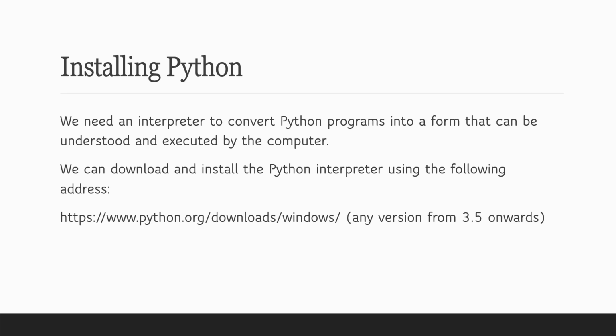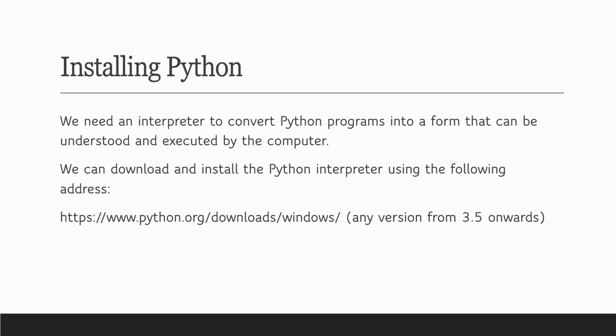All we have to do is visit the official Python website, that is www.python.org. Click on the download section and choose the version that works for our computer. For Windows users, the link is www.python.org/downloads/windows.